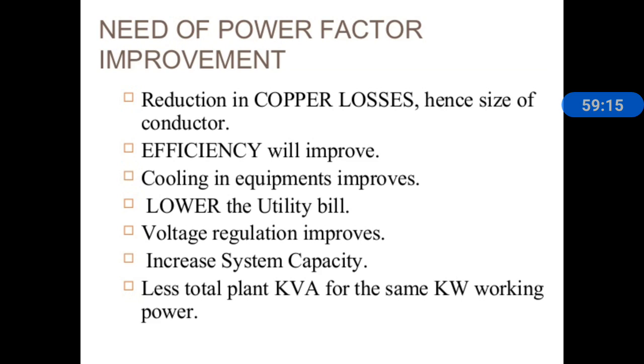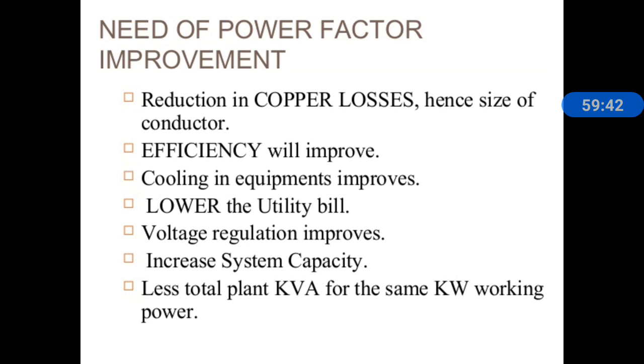Suppose the power factor reduces, then current increases, and once current increases, simultaneously the voltage decreases, so the voltage regulation is affected. Once the power factor is improved, the voltage regulation also improves, and we get constant voltage. System capacity also increases, and less total plant kVA is needed for the same kW working power.